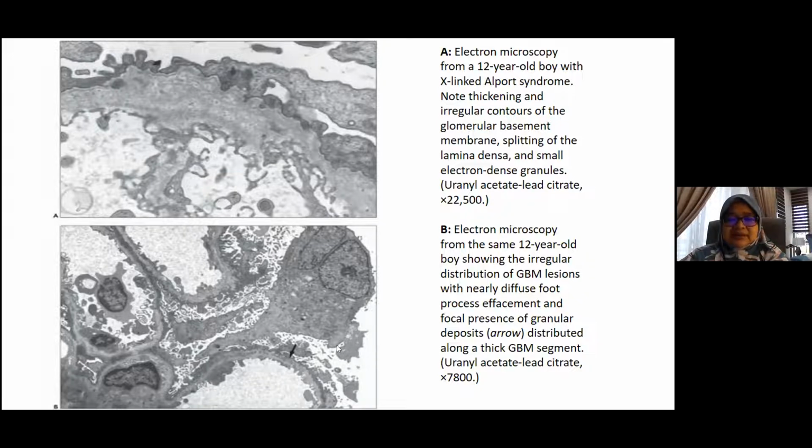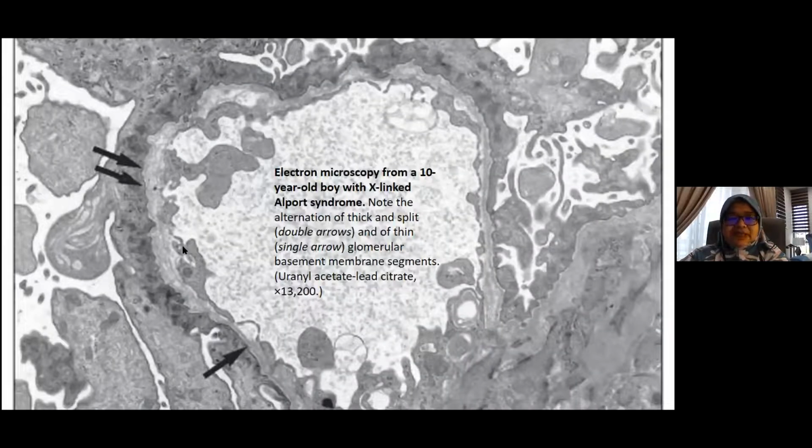Okay, this is the alternating thick area and thin area. See, this area is very thin, and in the same loop, this area is thick. The alternating thick and thin we did not see in our case. Plus, there is no clinical feature to suggest Alport, so we excluded Alport at that stage.